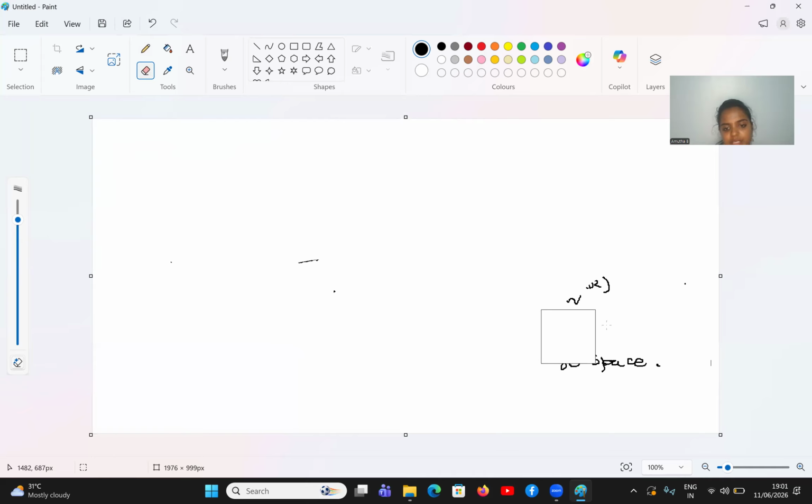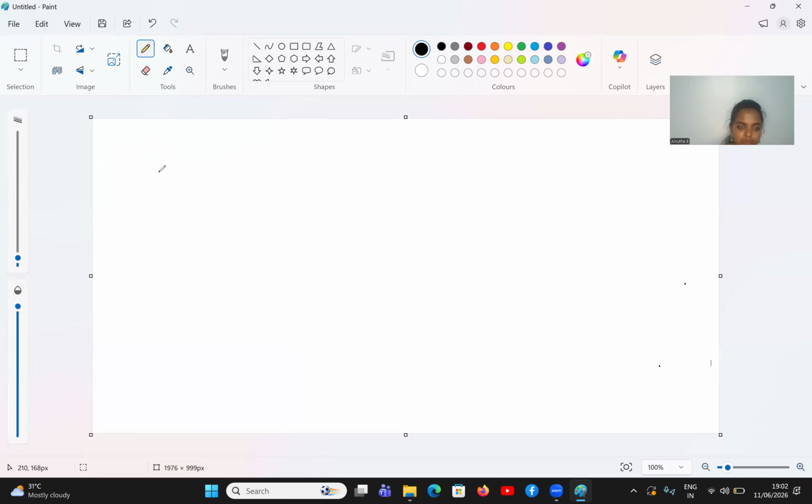How can we find it? You have finally arrived with R of T equal to X comma Y, such that X comma Y belongs to R. This is the final step we got.